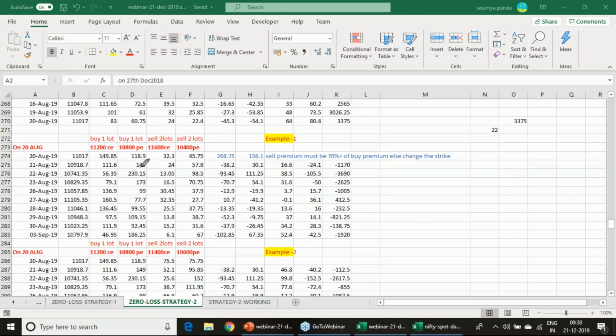So here in the month of August, 20th August, I am showing you 3 examples. If this same strategy is initiated by violating the rule, here 149 and 118, the same two lots of one you are selling, 268 rupees you are spending, however 156 rupees you are taking, so it will be less than that.